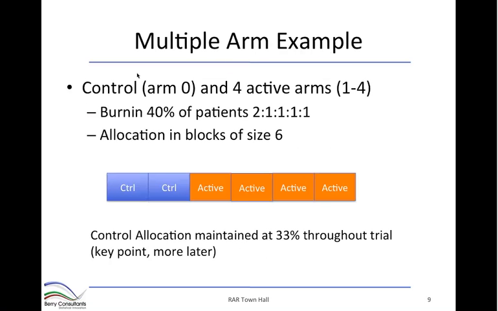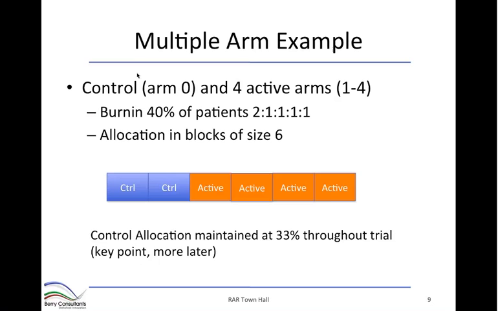In multiple arms, I'm going to try to make this concrete on how you might do it. This is a standard Berry Consultants RAR design. We have a control, I'm going to call that arm 0, and 4 active arms. I'm going to burn in 40% of my patients in a 2-to-1-to-1-to-1-to-1 ratio. More controls is going to help me in terms of power.